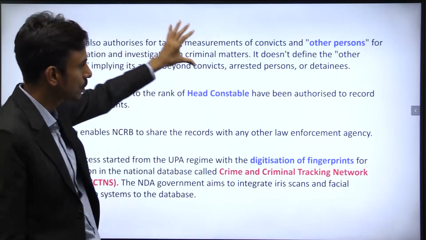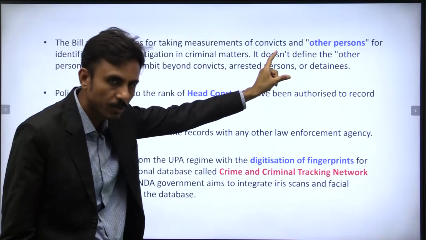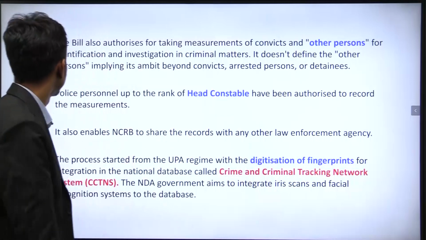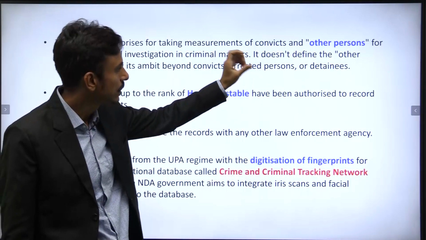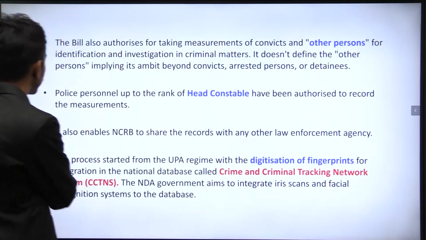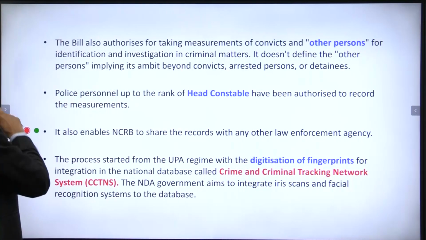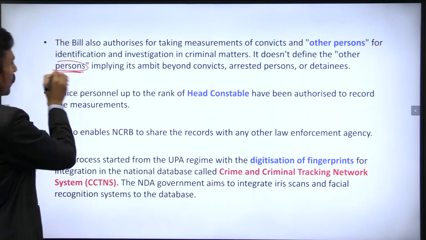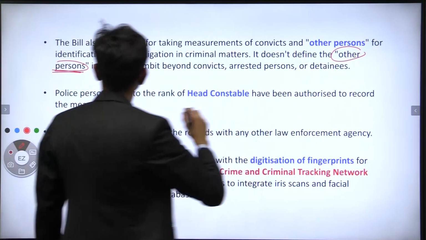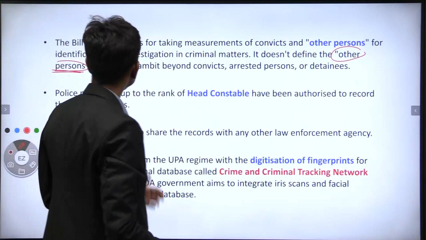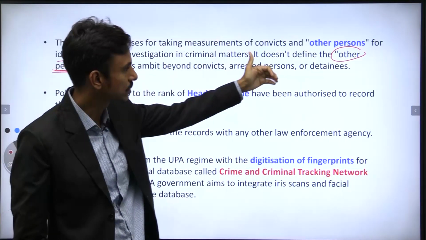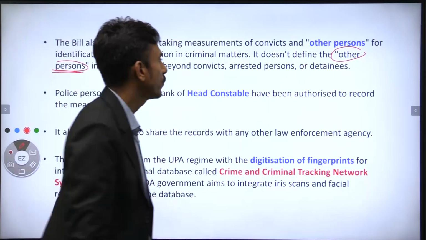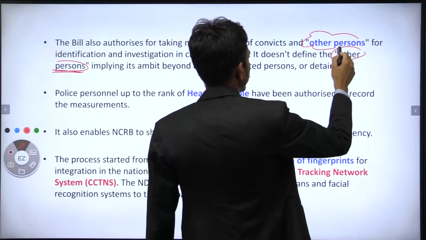So that means the measurements would be taken of the convicts as well as the other persons for identification and investigation in criminal matters. It doesn't define what the other person means, right? So it is not defining what is other persons here, and in this way the ambit goes beyond convicts, arrested persons and the detainees, right? So therefore it is very contentious.